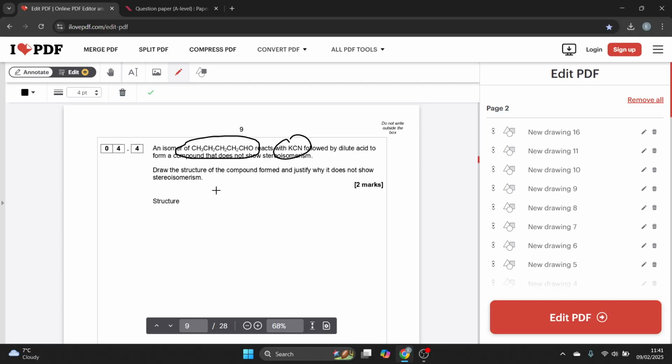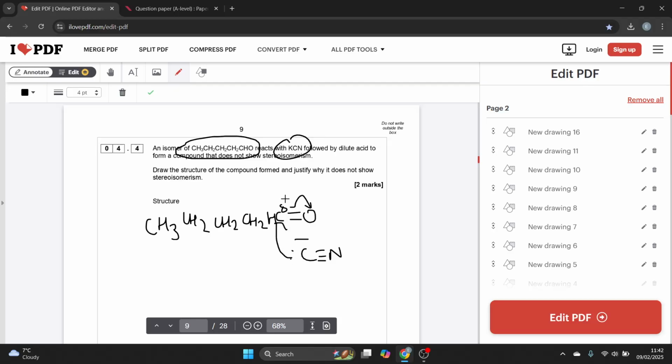Okay, so what's going to happen is I've got CH3, CH2, CH2, CH2, CH2, C double bond O, H. What happens is the lone pair of electrons on the C triple bond N with negative charge attacks the partially positive carbon.